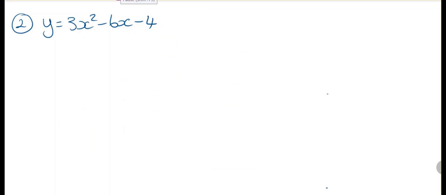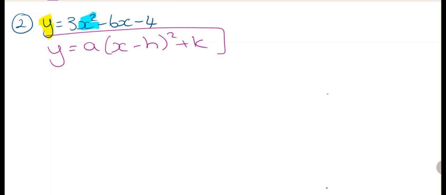Okay, so question 2. So we have y equals, and we have x squared. So this is going to be in the form of y is equal to a(x minus h) squared plus k. So to write it in this form, we need to factor. So we're going to factor by 3.